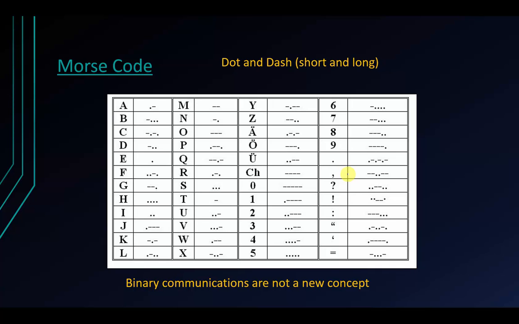You'll note in the chart that the most common letters in the alphabet, the A's and the E's and the N's, were all made up of very short characters because they occurred the most often, and to facilitate transmission speed, the designers of Morse code figured that would make things work a lot faster.